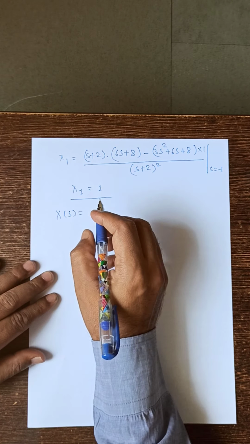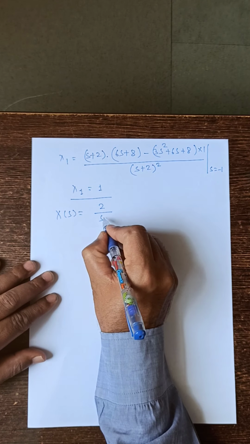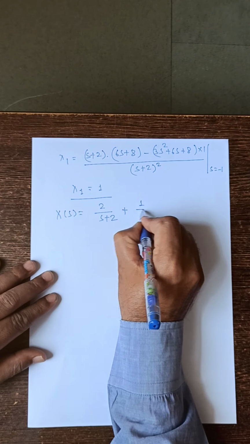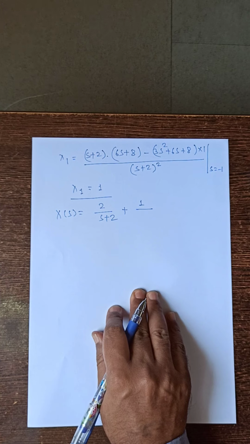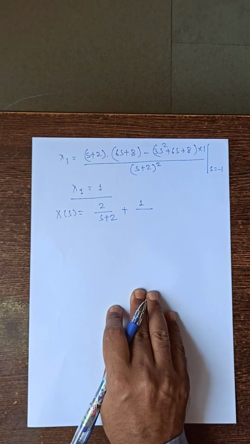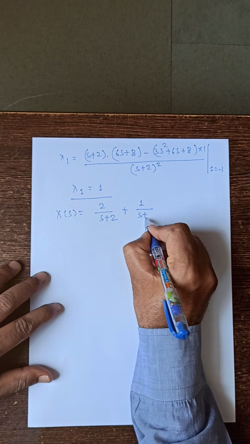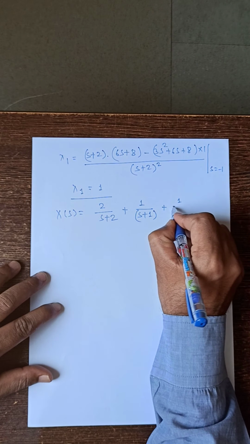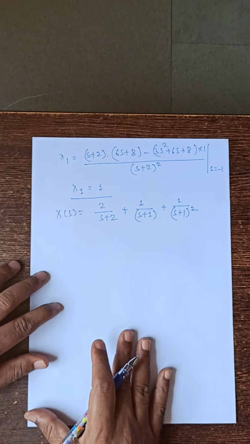X(s) is equal to a1, that is 2 divided by (s plus 2), plus lambda 1, that is 1 divided by (s plus 1), plus lambda 2, that is again 1 divided by (s plus 1) squared.